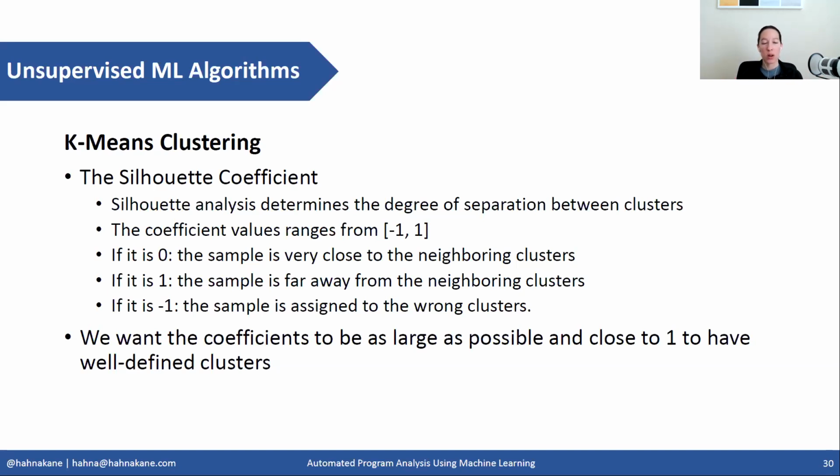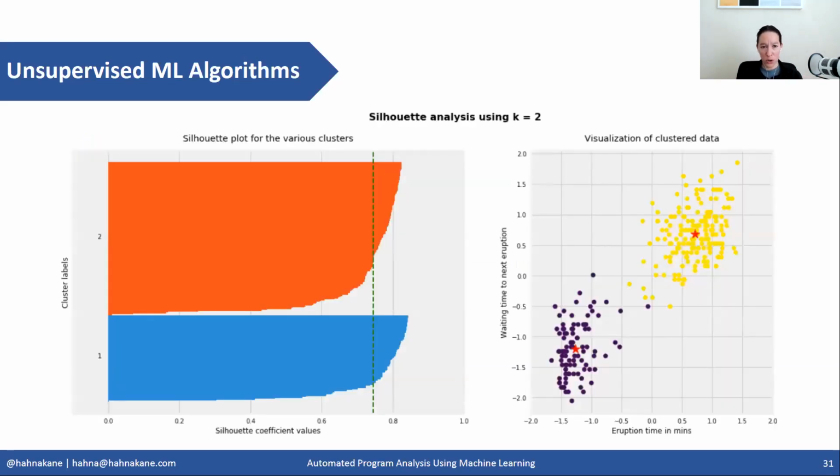So long story short, the silhouette coefficient, you want this to be as large as possible and close to 1, which is indicative that you have well-defined clusters. So here's an example. Here we have 2 clusters, and when we look at the silhouette score for each of our clusters, on average, they're coming in at about, we'll say 0.75.